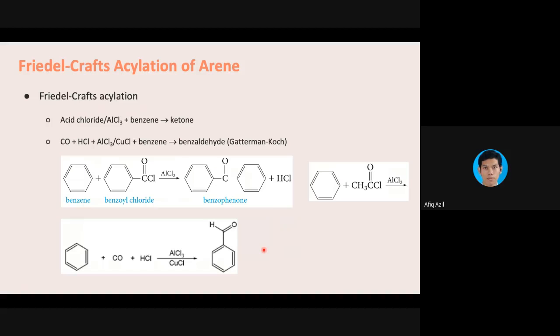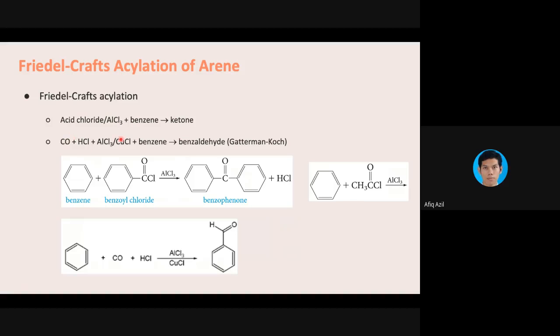And then the third synthesis method is Friedel-Crafts acylation of arene. The starting material can be benzene or any benzene with substituents, for example. And the reaction must proceed by the use of either acid chloride or aluminium chloride to get ketone.